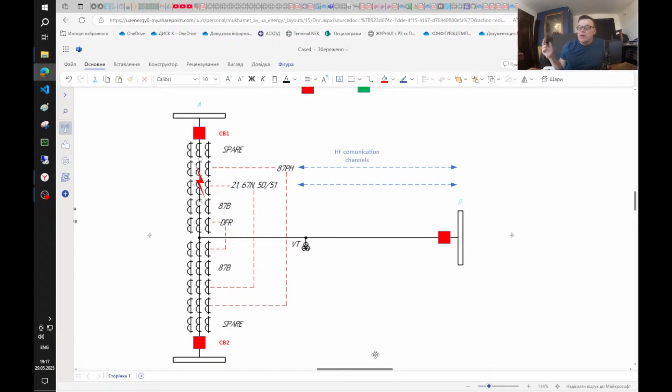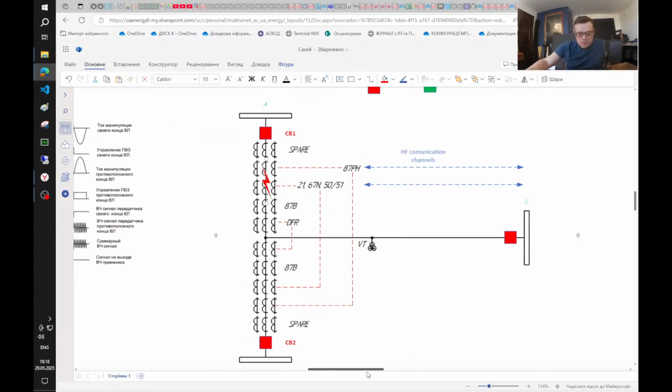The first is direct transfer trip with AR inhibition, the second is direct transfer trip but with control and fast AR, and the third command is used for the teleprotection scheme.